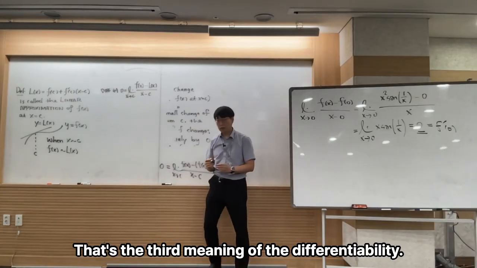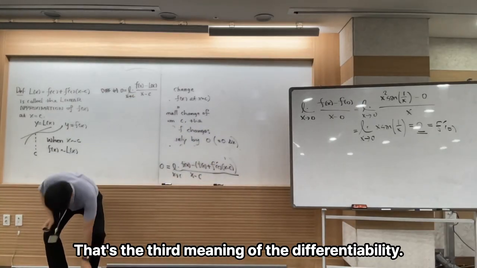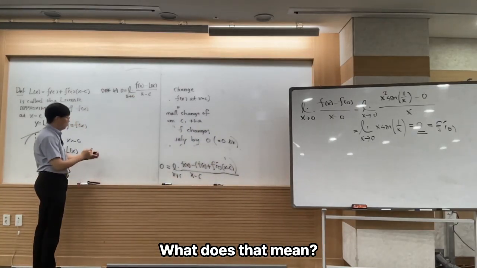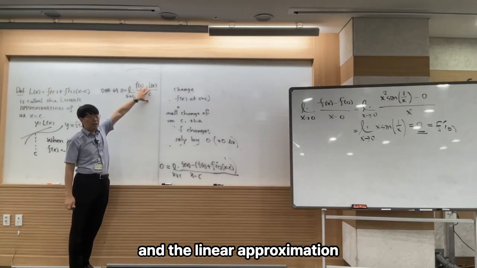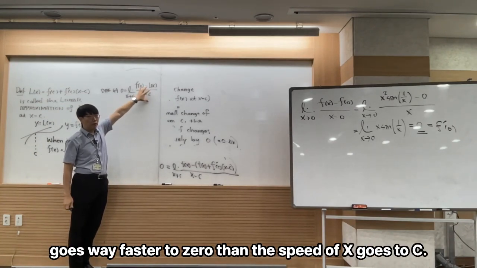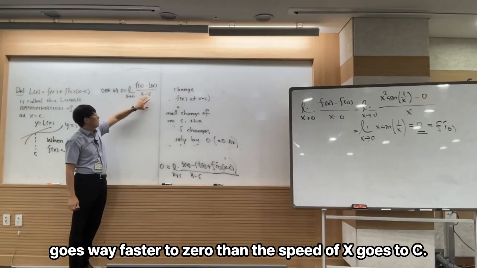That's the third meaning of differentiability. What does that mean? It means that the difference between the function and the linear approximation goes to 0 way faster than x goes to c.